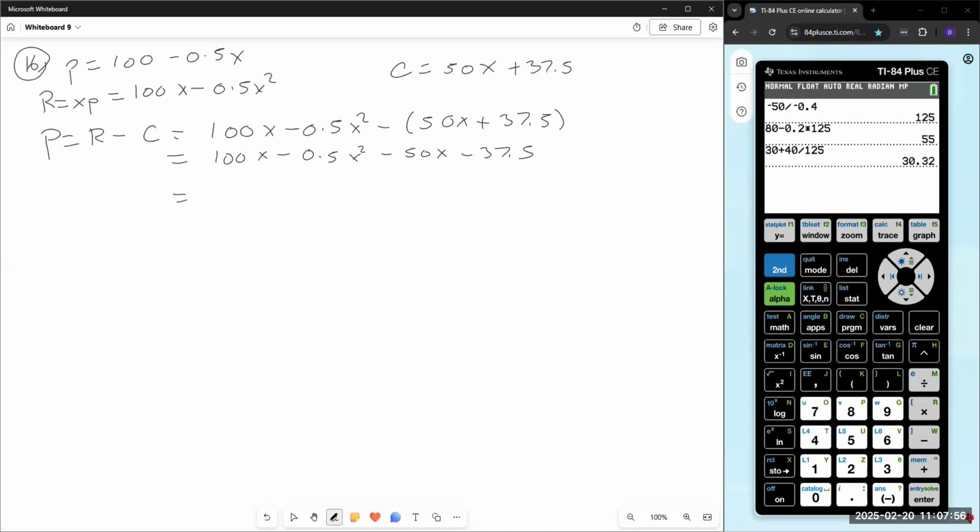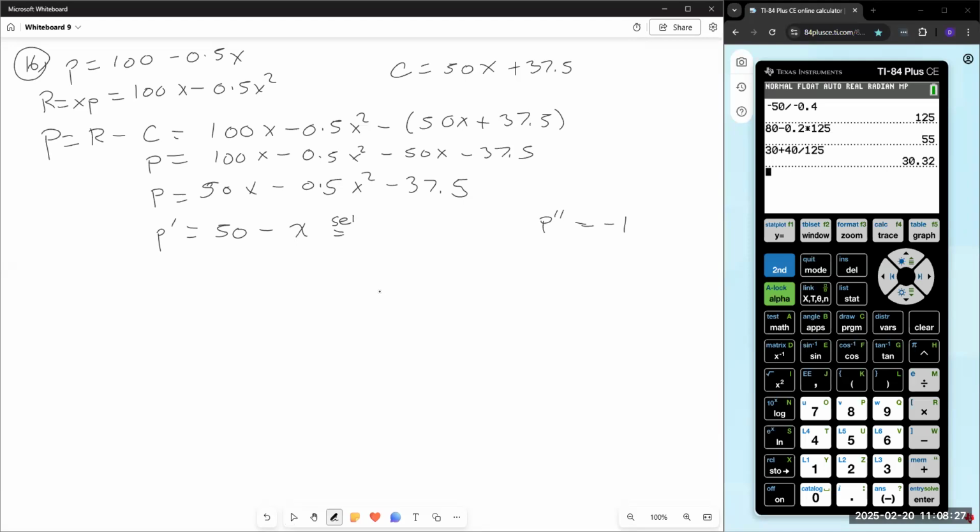So that would be 50x minus 0.5x squared minus 37.5. And that's capital P for profit. P prime is 50 minus x, and P double prime, if I need it, is negative 1, meaning that this will always represent a maximum profit.